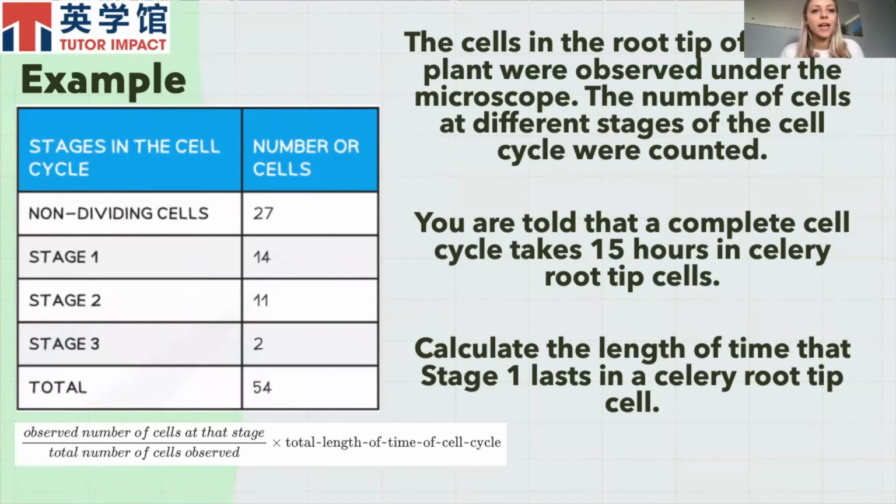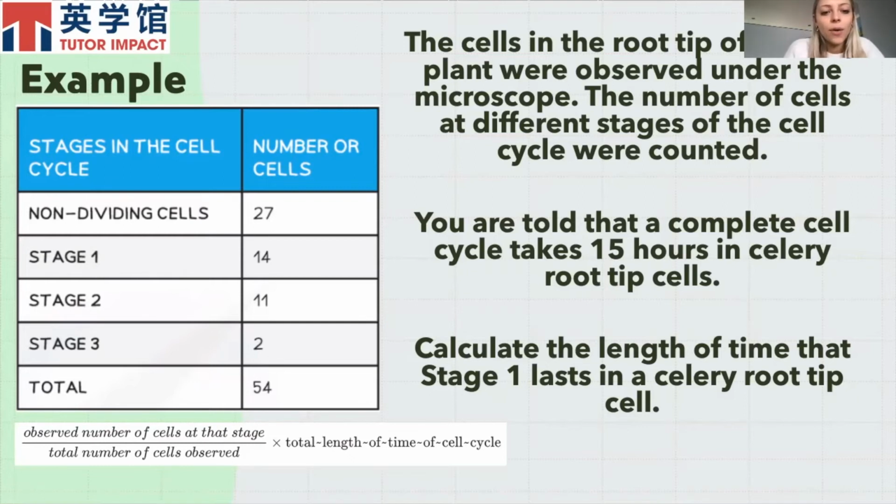All of these stages have been observed in the cells in this particular sample. You're told that the complete cell cycle takes 15 hours in a celery root tip cell. So what you need to do now is calculate the length of time that stage 1 lasts in a celery root tip cell in this particular sample.